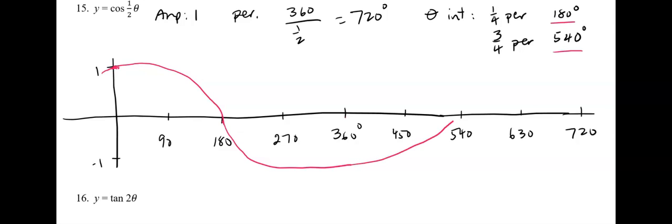And then come up and hit 540. And by the time I get to 720, that's really one of the cosine patterns. So multiplying by a half in front of theta just makes it longer. It lengthens the pattern. Okay, so there's your answer for 15.